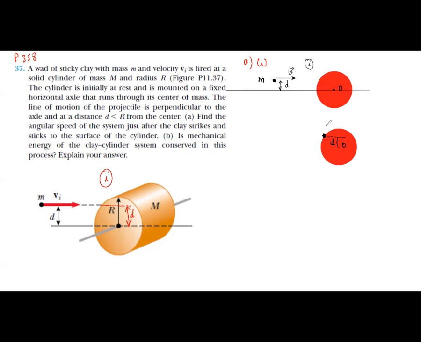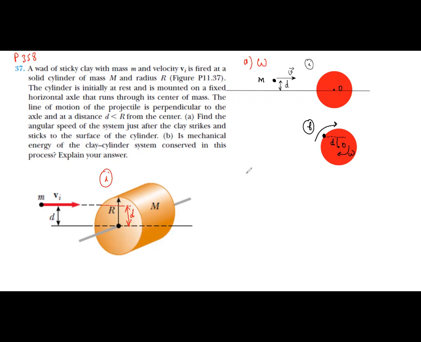After the collision, at the final state, the system starts to rotate around the axis with an angular velocity omega. This is after the collision. Find the angular speed omega just after the collision.